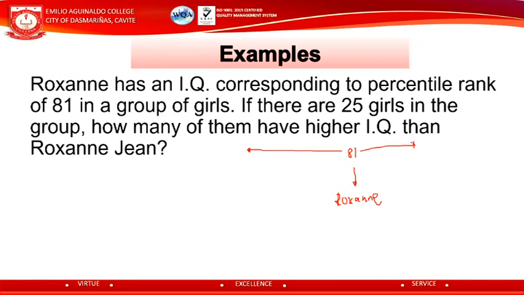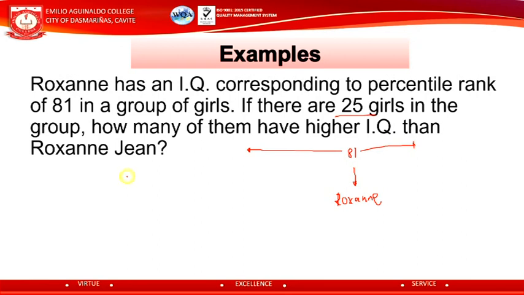Like what I have said earlier, these are just positional measures. For us to be able to determine the position of Roxanne, we may use a particular formula, to know what position Roxanne has among the 25 girls. So we are solving for the number of girls who have a lower IQ than Roxanne Jean.